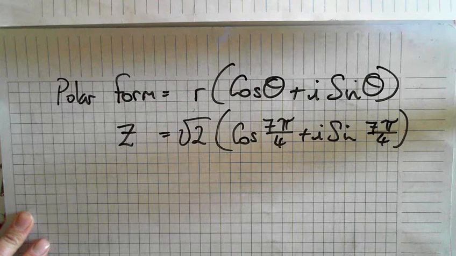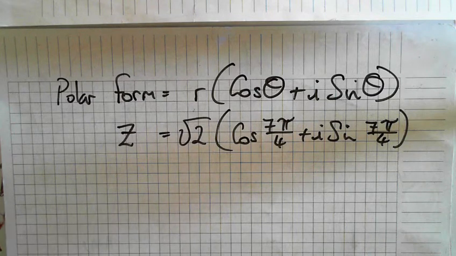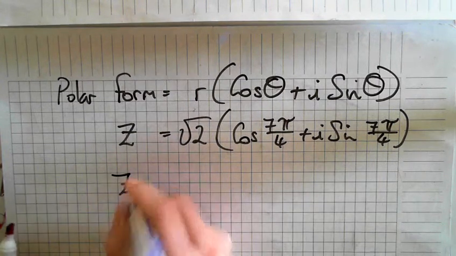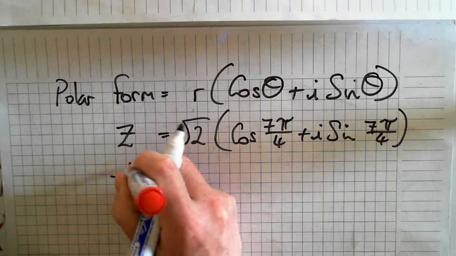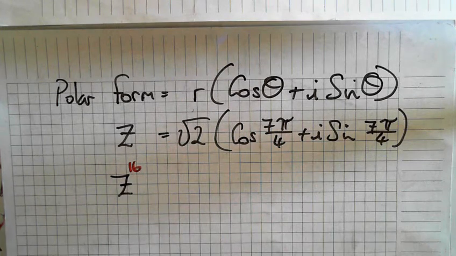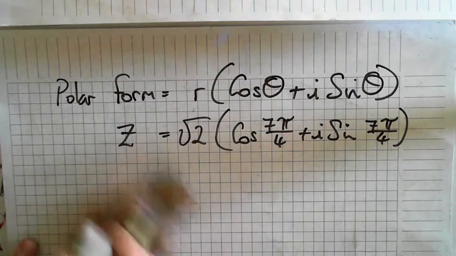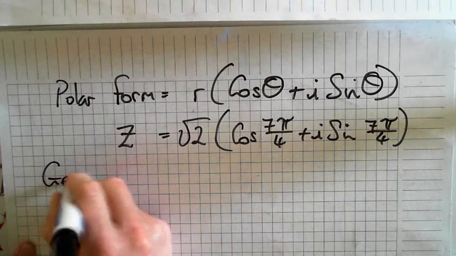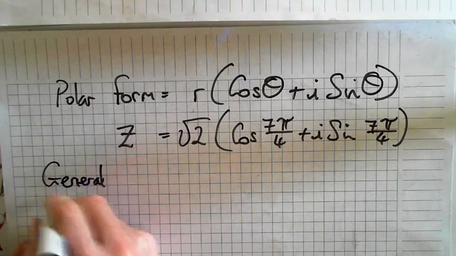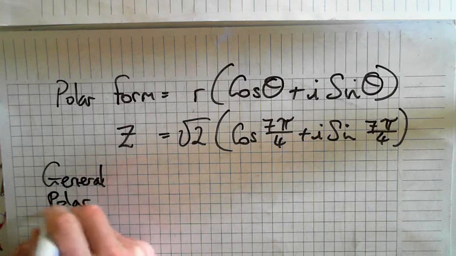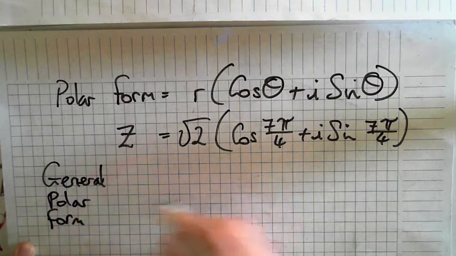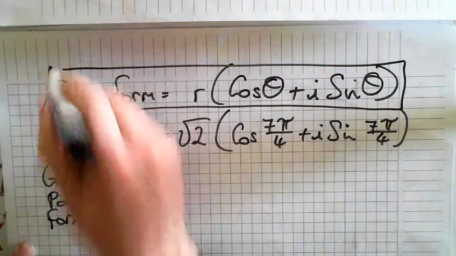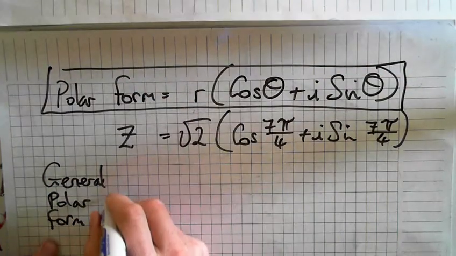What do we have to do now? In a minute, we have to find what z to the 16 is. What formula do you use? It's called the general polar form. How is the general polar form different to the polar form formula? You put 2n pi after.